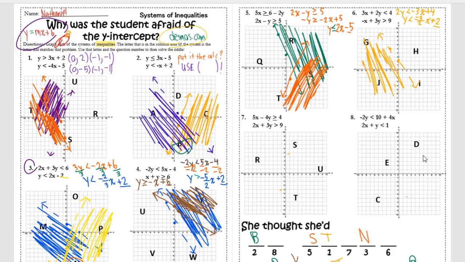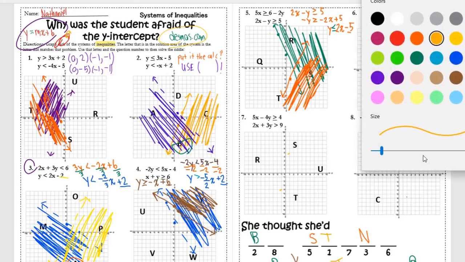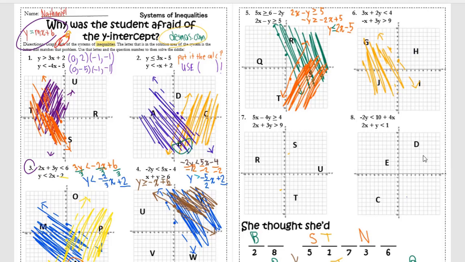Okay. So now for our second inequality, we have to add x to both sides of the inequality because the x is subtracted from 3y. The opposite of subtraction is addition. So we have 3y is greater than x plus 9.